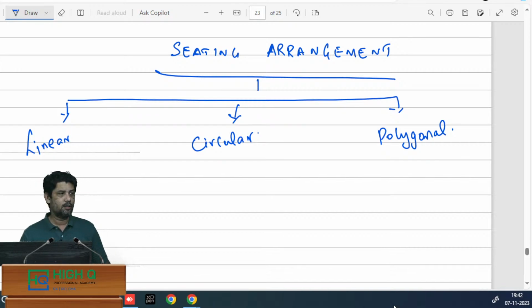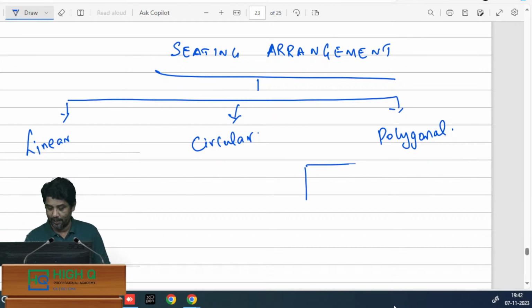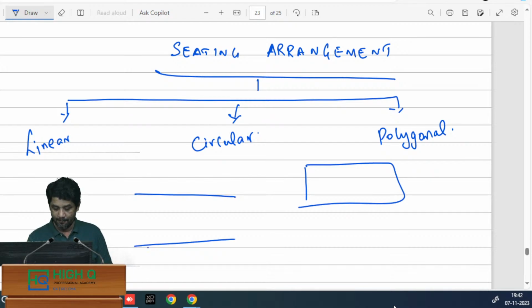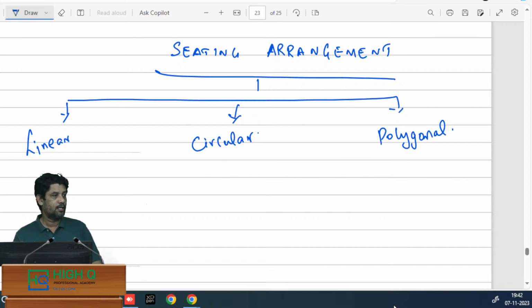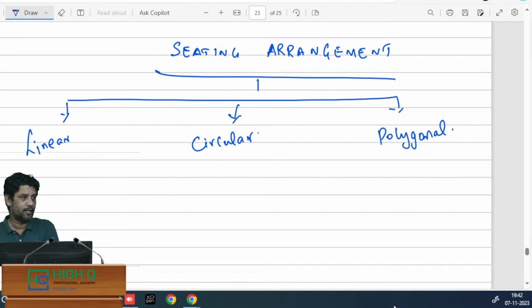I hope everyone knows about seating arrangement. What is polygonal? In a square table people are sitting opposite to each other, that is polygonal arrangement. Or two lines, with people sitting opposite each other. So 2 rows, 3 rows arrangement come under polygonal arrangement. Sometimes one above the other, that is vertical arrangement. These are the types of discussions we are going to have as far as seating arrangement is concerned.